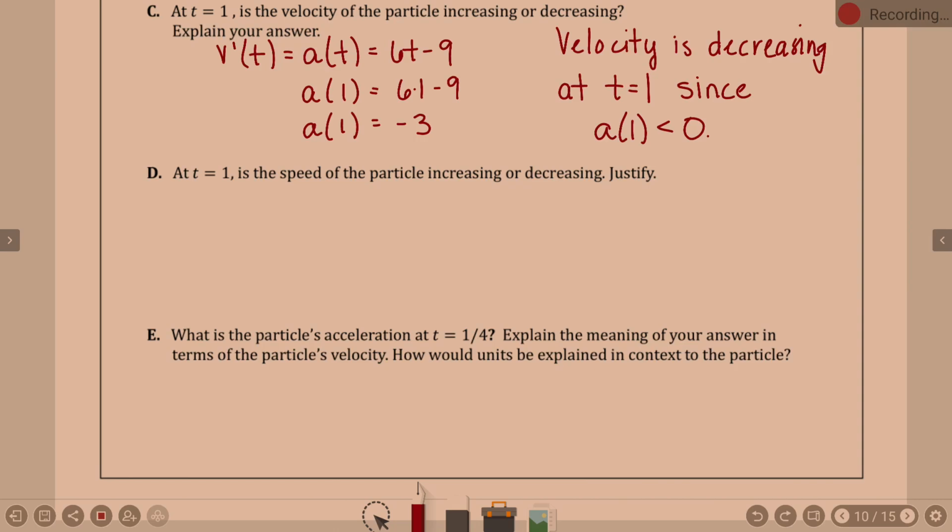At t equal 1, is the speed of the particle increasing or decreasing? Justify. Increasing.